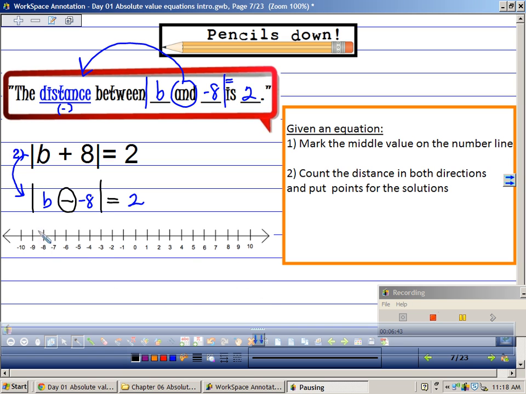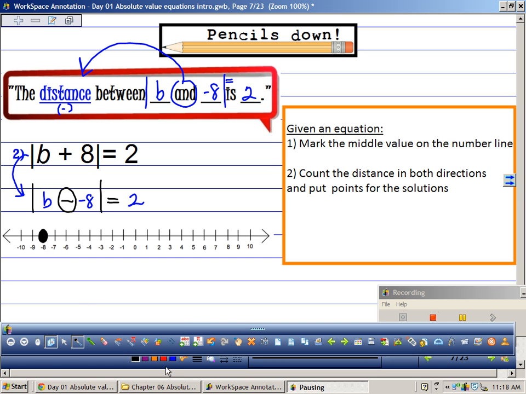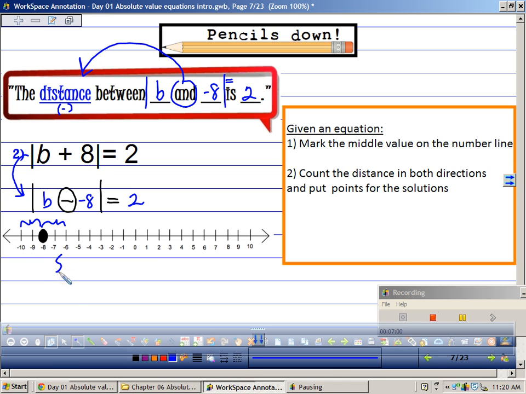Well, where's -8? Right here. How far is B away from -8? 2. 2 in this direction and 2 in this direction. So the two numbers that are 2 away from -8 are -10 and -6.